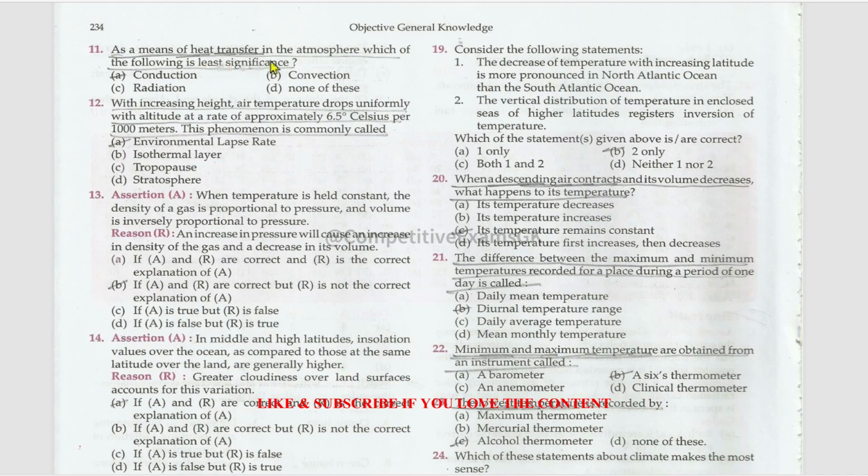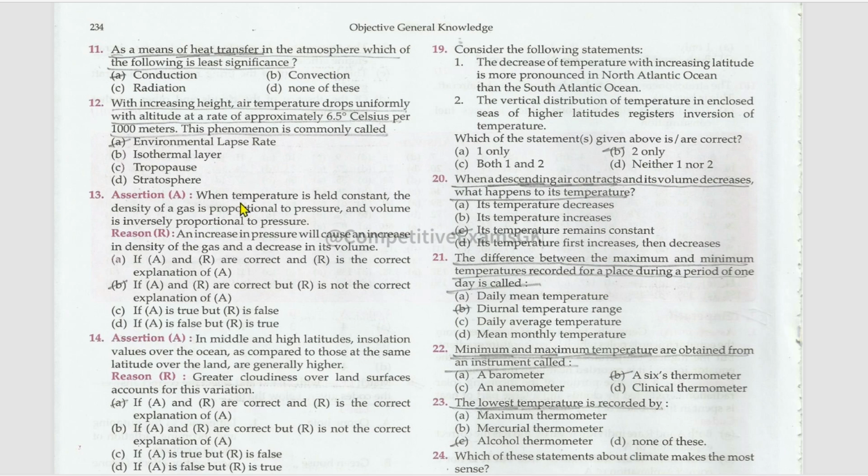As a means of heat transfer in the atmosphere, which of the following is least significant? That is conduction. With increasing height, air temperature drops uniformly with altitude at a rate of approximately 6.5 degrees Celsius per 1000 meters. This phenomenon is commonly called environmental lapse rate.